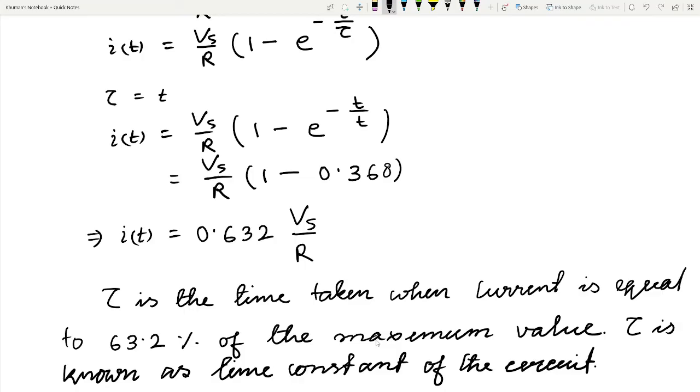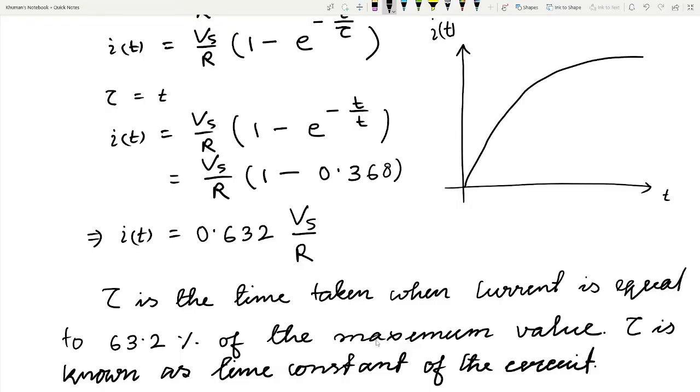Okay, so if we draw the current versus time plot, this is t and this is i(t), so this plot will look like this.